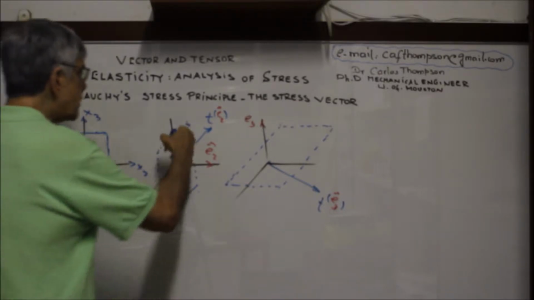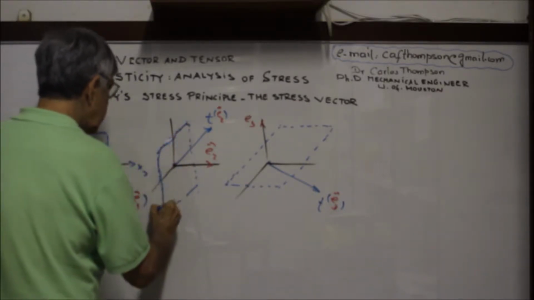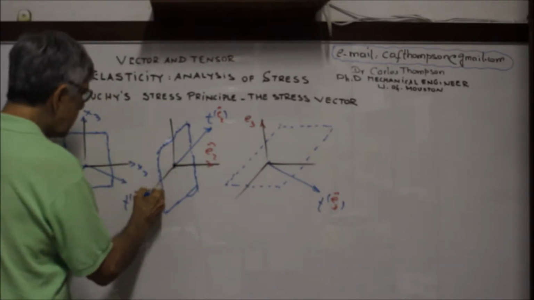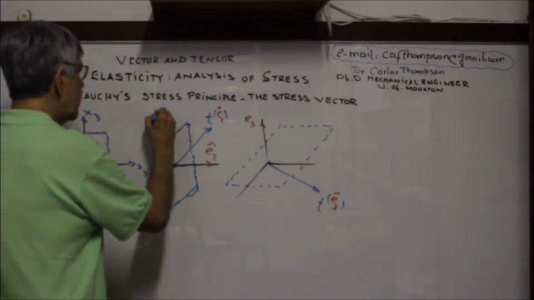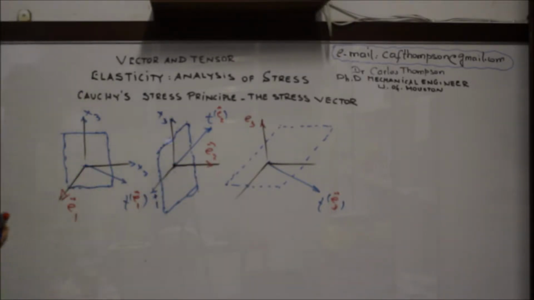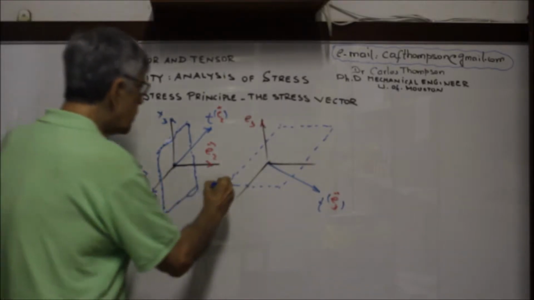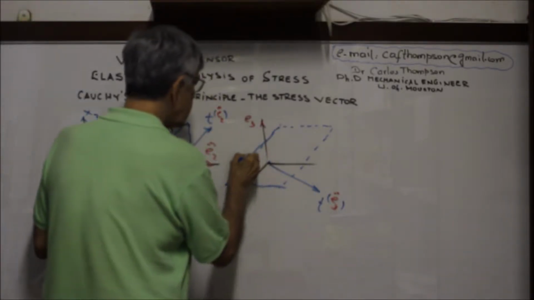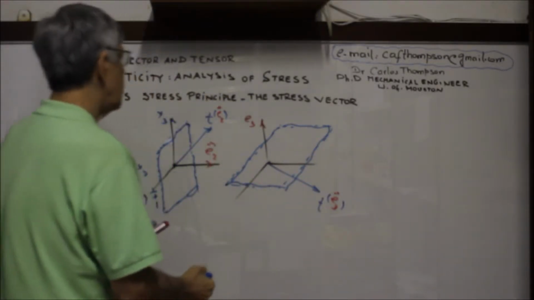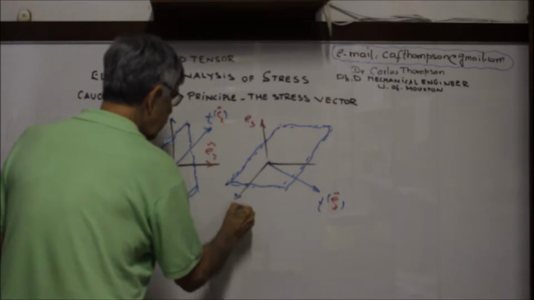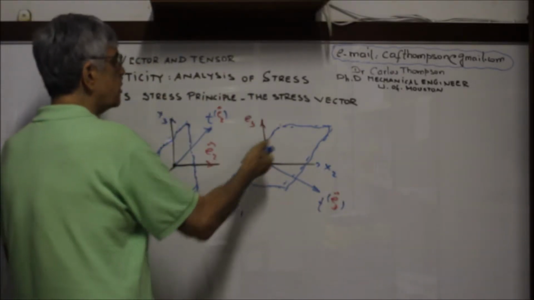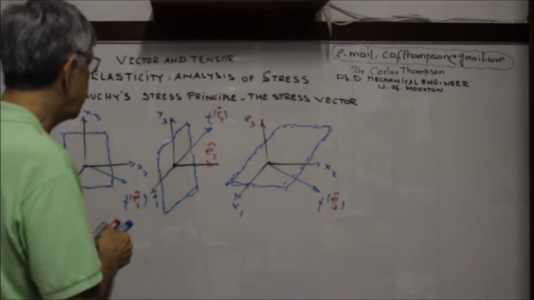That surface over here lies in the x1, x3 plane, in which E2 is a normal vector. And the last one, the surface here, lies in the x1, x2 plane, in which E3 is perpendicular to this surface.